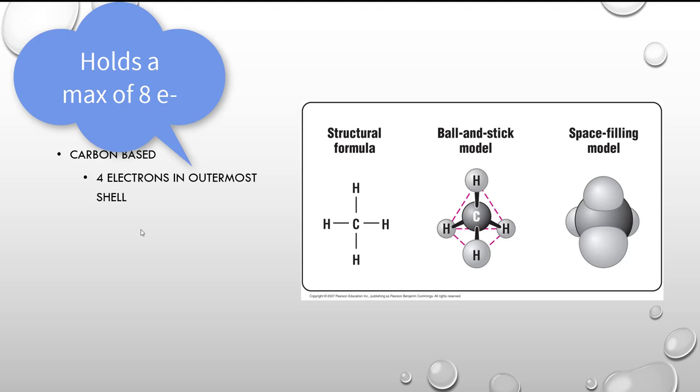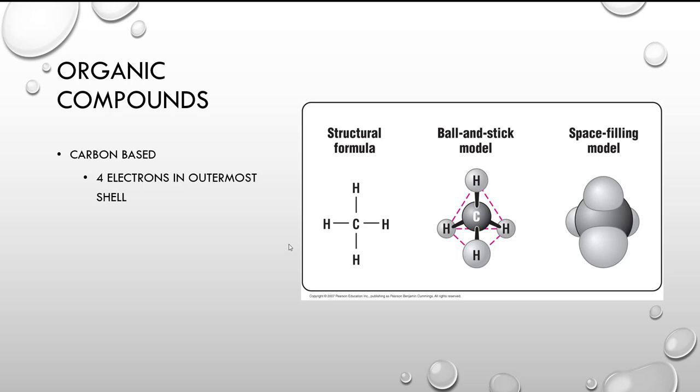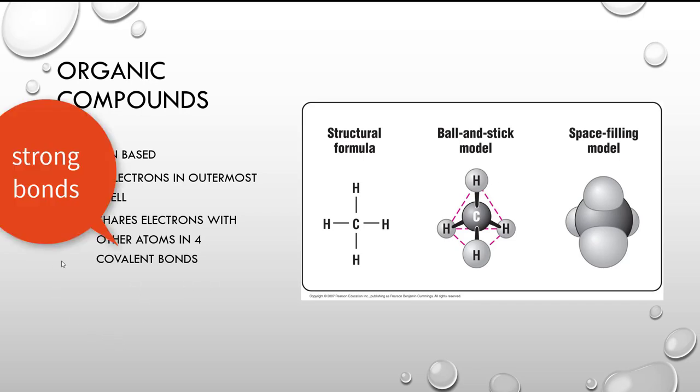They want to be able to fill their outermost shell, but they can't do so by gaining or losing electrons in an ionic bond. So instead, they share those electrons. They share electrons with up to 4 other atoms in what we call covalent bonds. And remember, covalent bonds are sharing those electrons, so it's a very strong bond.